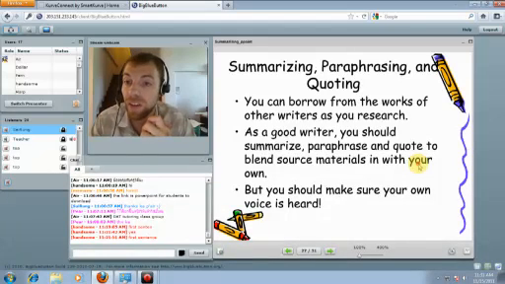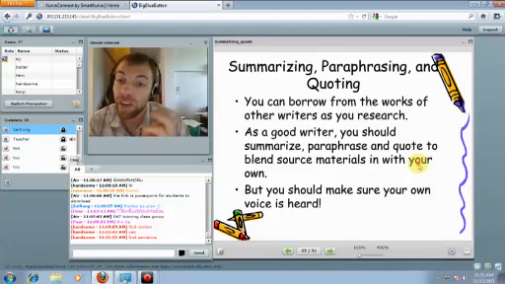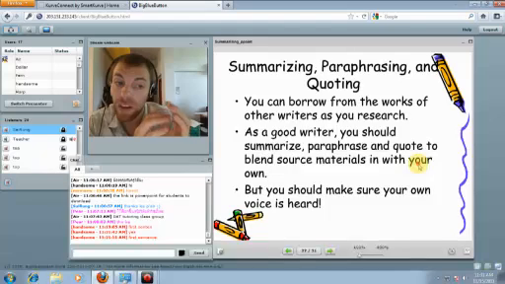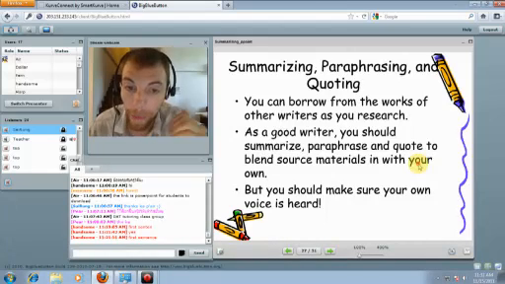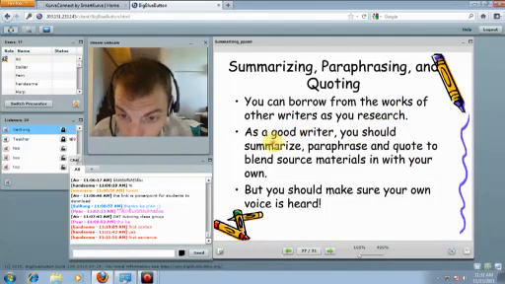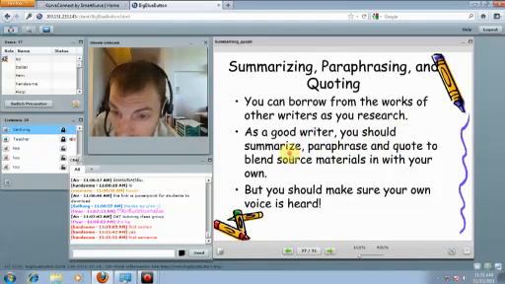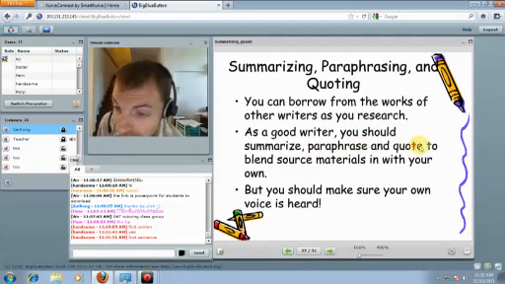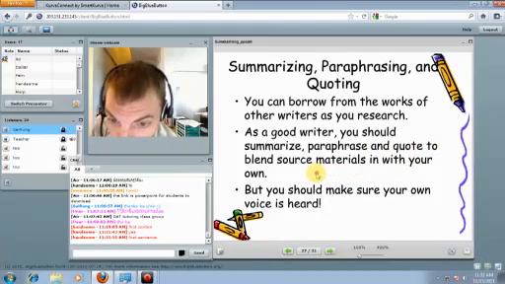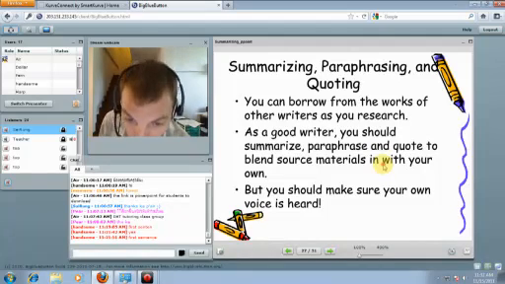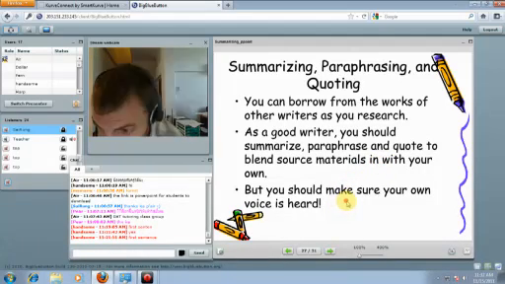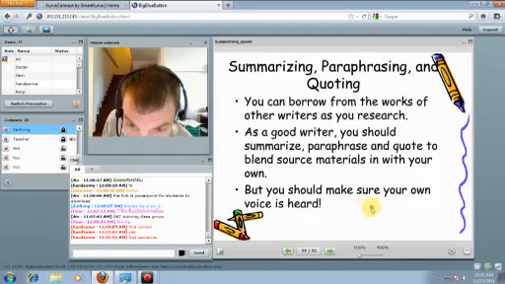Paraphrase is making it your own words. You take someone else's words and you change it and make it shorter and in your words. Also, as a good writer, you should summarize, paraphrase, and quote to blend source materials in with your own. But you should make sure your own voice is heard.